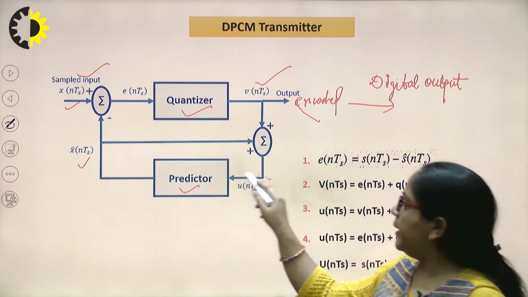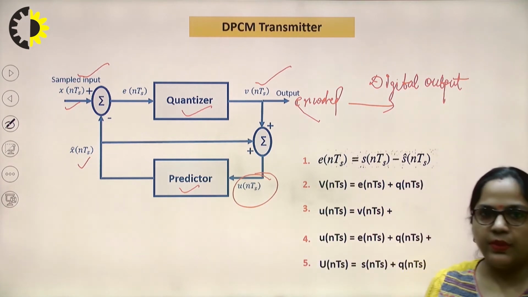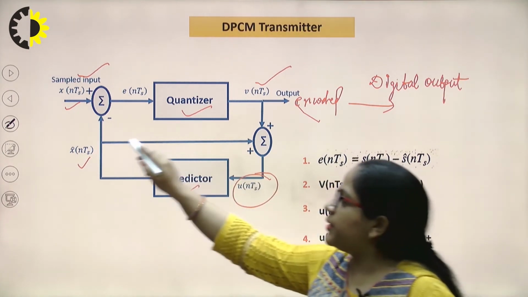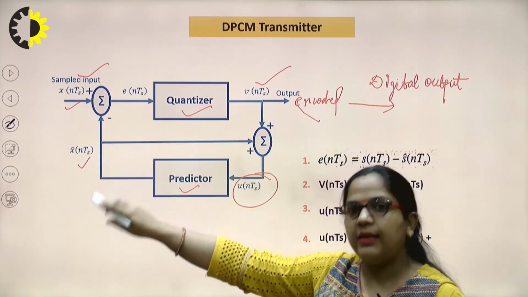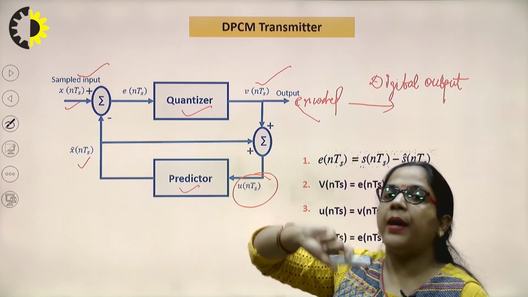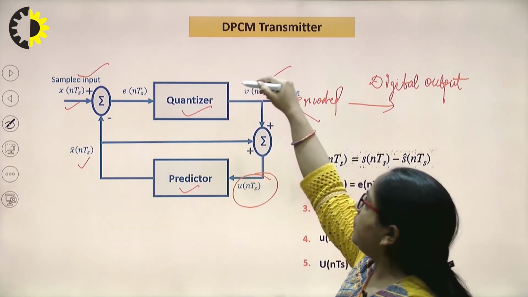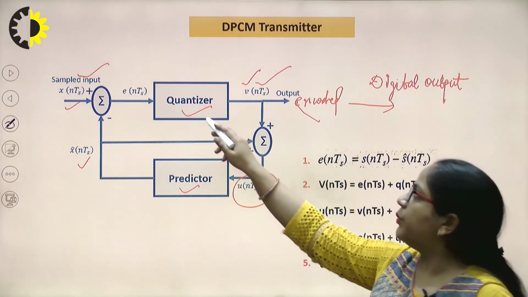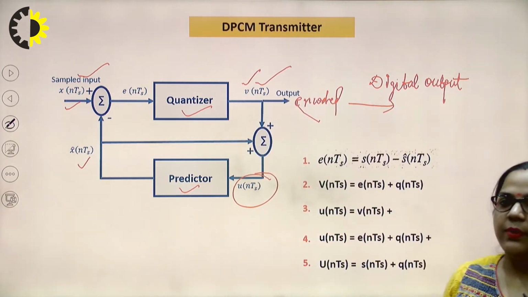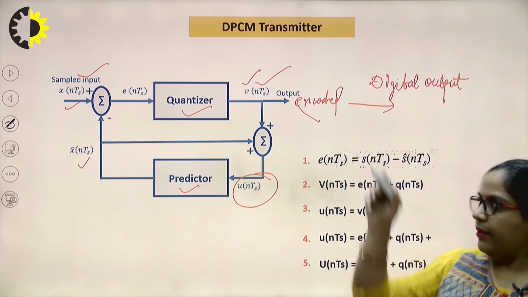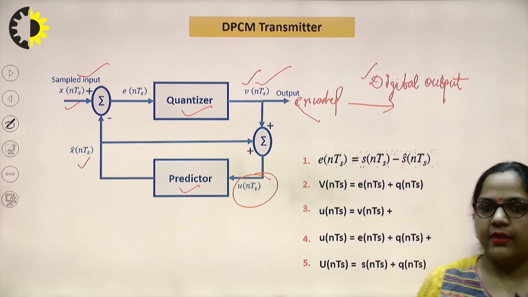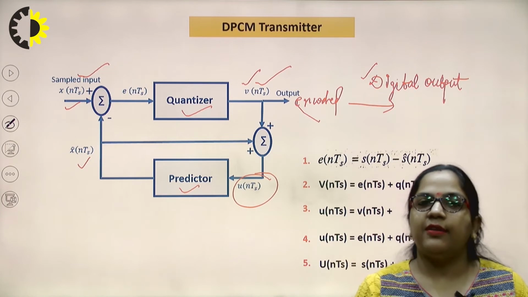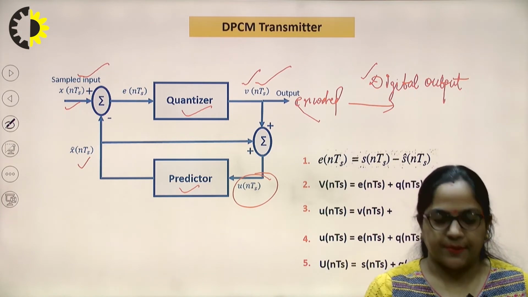So it is u(nTs), that is the input of the predictor. It will help us in predicting the current sample value from its past information. So finally, we get the level of quantization with the help of this, and then the bits will be encoded and we will have our digital information that we can transmit with a lesser number of bits.